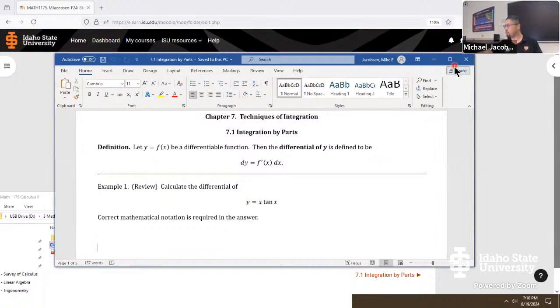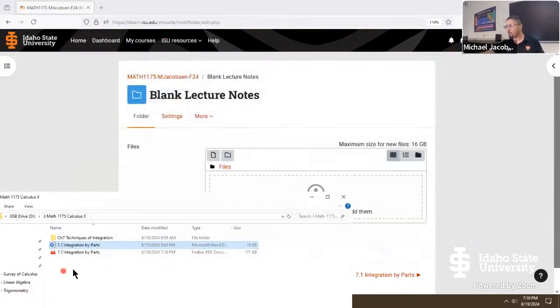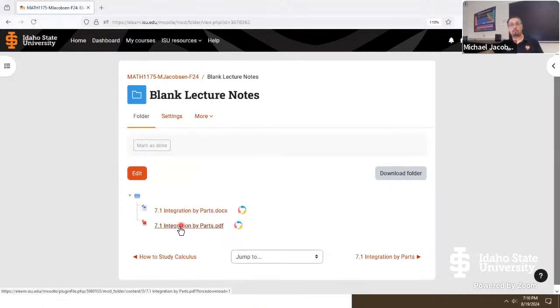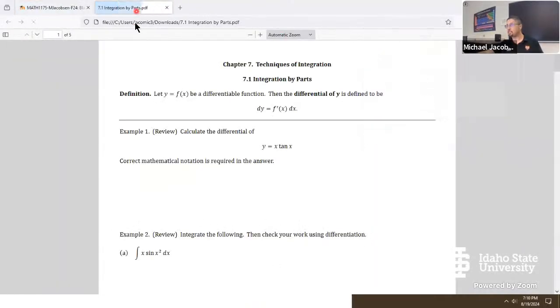We need it as a PDF as well because I use the equation editor on this Word document. So if you have an older version of Word or a janky version of Word, that might not print out too well. But if you open the PDF, these are always stable documents. So if you need to come up with a blank set of notes, you can always come here to find them.